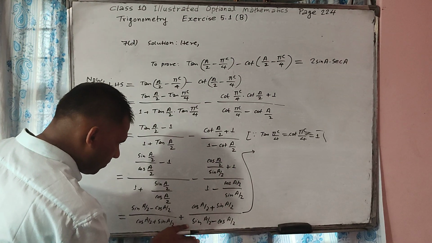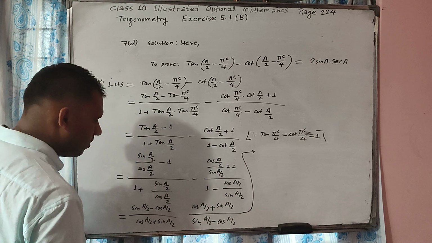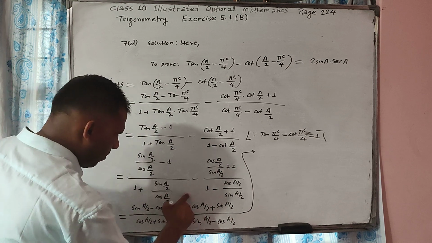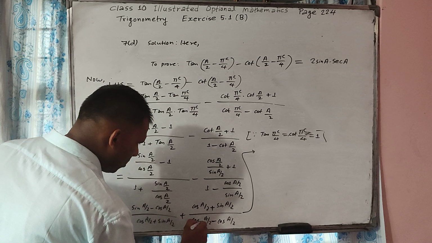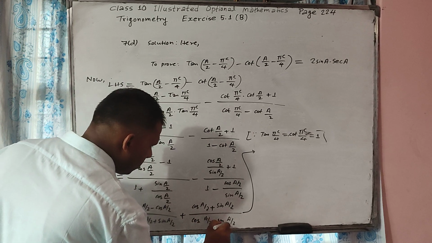Sign change here, minus plus, then cos a by 2 minus sin a by 2.